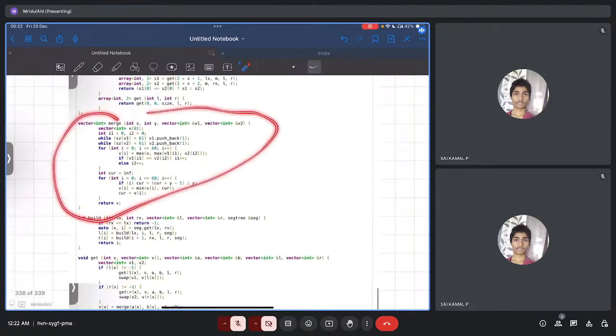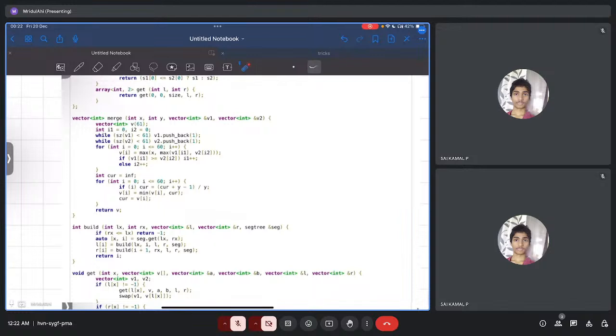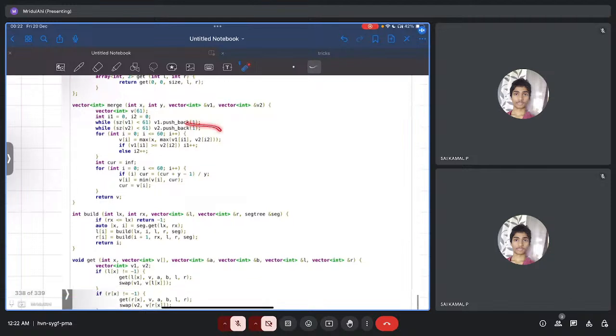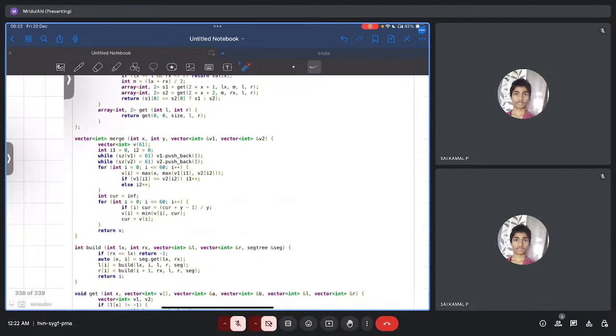This function merges the two DP arrays. First, this is the left subtree's dp and this is the right subtree's dp. First, I append values till 60 so that I don't have any runtime errors. After that, I make the V array by storing two pointers I1 and I2 and incrementing the one which has the bigger value.